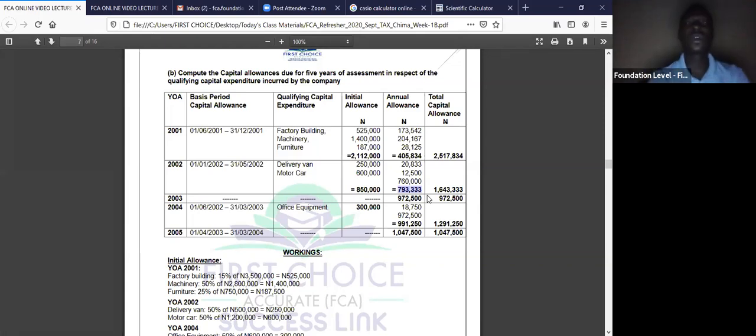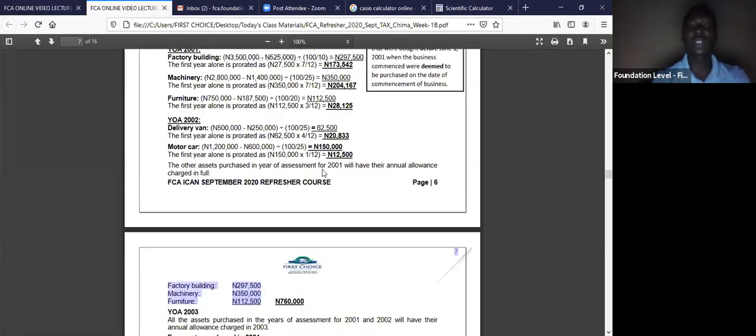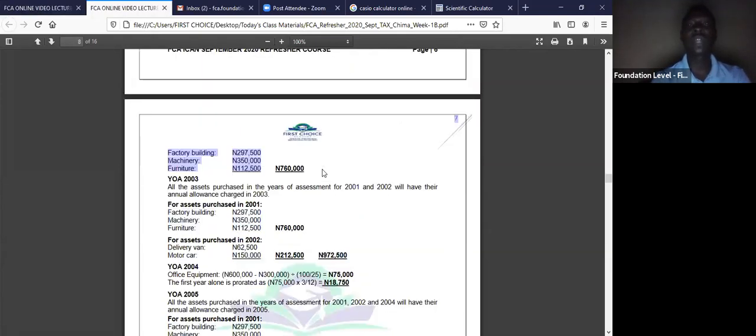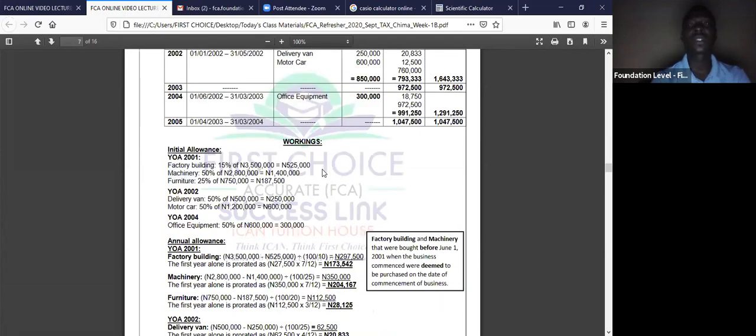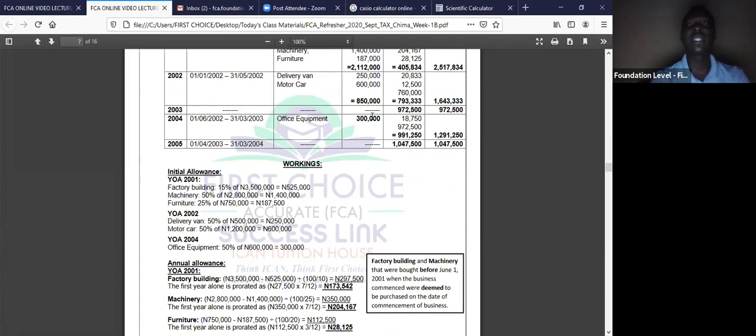That's fine. For 2003, what happened in 2003? In 2003, we didn't buy any assets that fall into the basis period. No asset we bought was falling into the basis period, because you see equipment is in 2004.